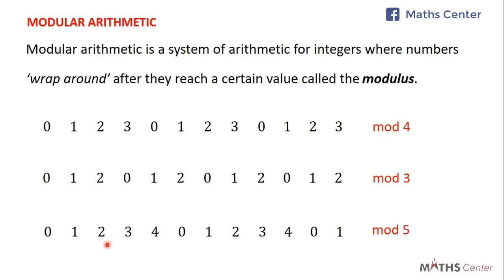In mode 5, the set of numbers used are 0, 1, 2, 3, 4. So if you follow in this same order, then it means that in mode 6, the set of numbers used will be 0, 1, 2, 3, 4, 5. In mode 7, the set of numbers will be from 0 to 6. In mode 8, the set of numbers will be from 0 to 7.